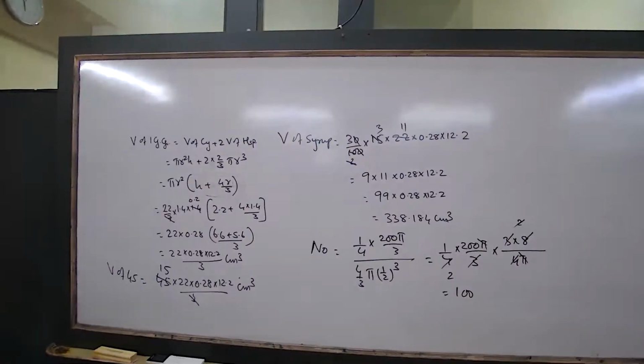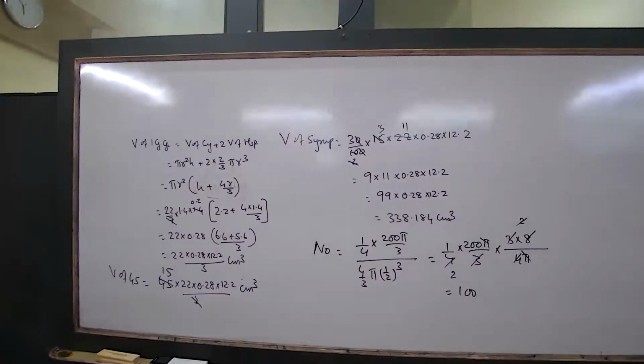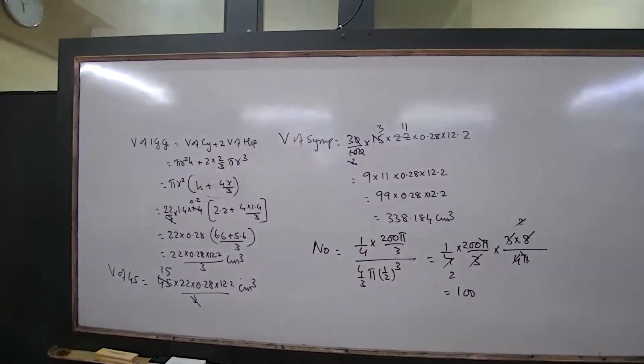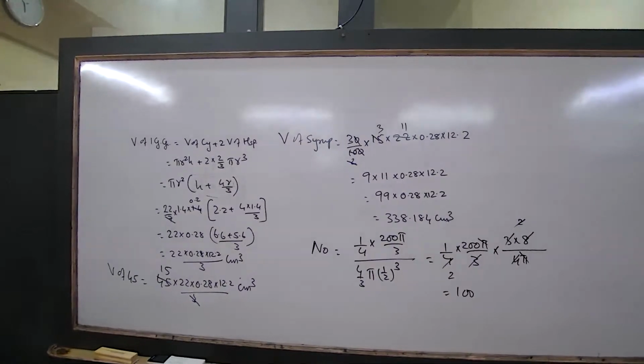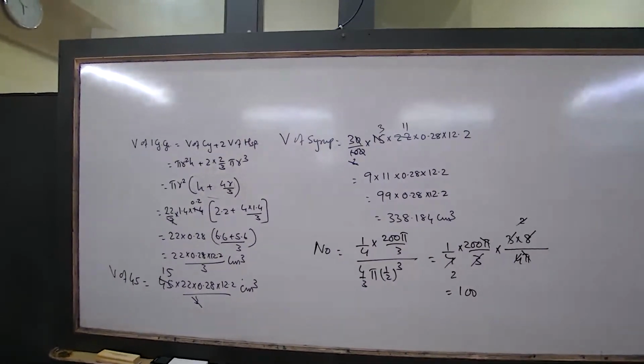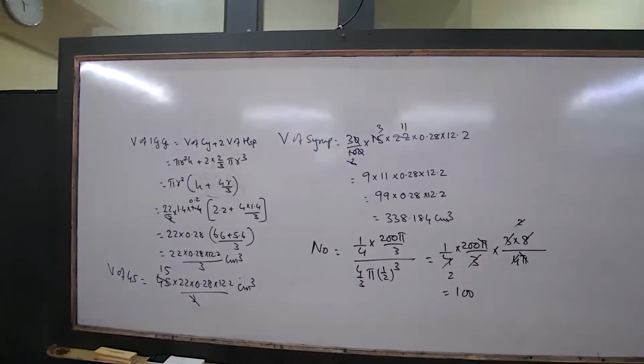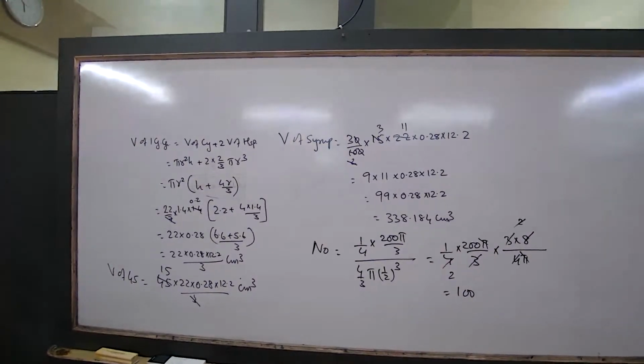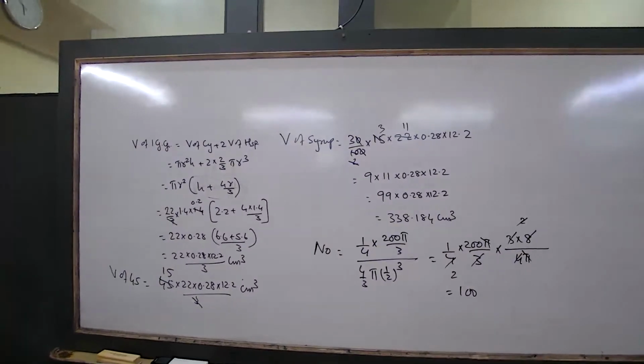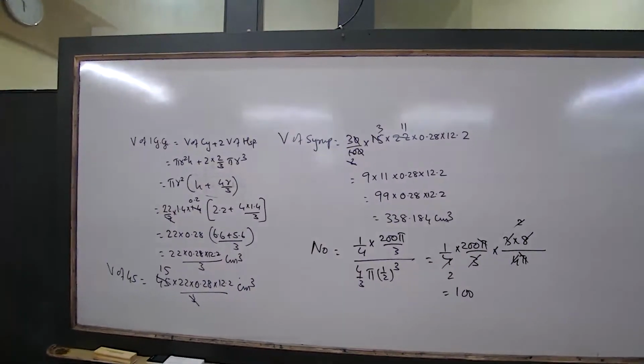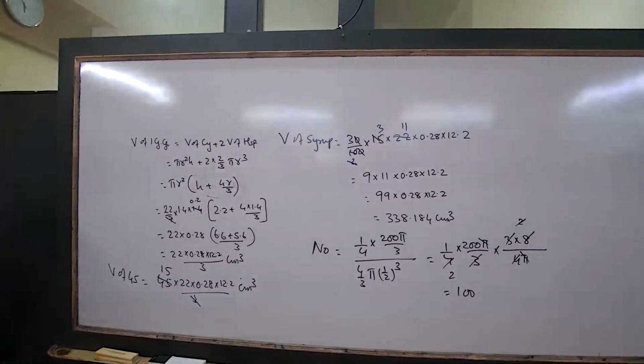This 200 pi is the volume of the vessel into 1/4. Where is 1/4? This 1/4, this is the volume of the vessel only now. I said you do not multiply 1/4. 1/4 will come here. That's why you have to be careful.